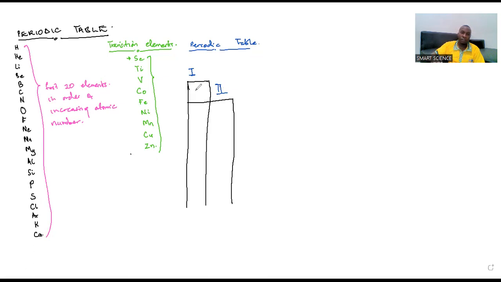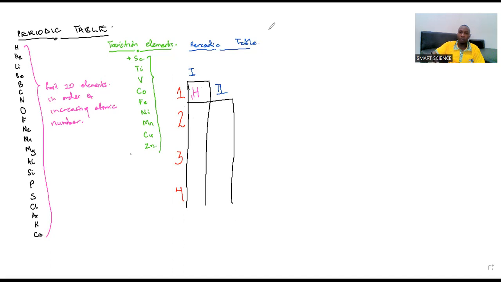If I'm to put the very first element in group 1, we shall find hydrogen, capital H, with atomic number 1. This hydrogen is going to be found in period 1. When we enter period 2, we shall have period 3, and lastly period 4.